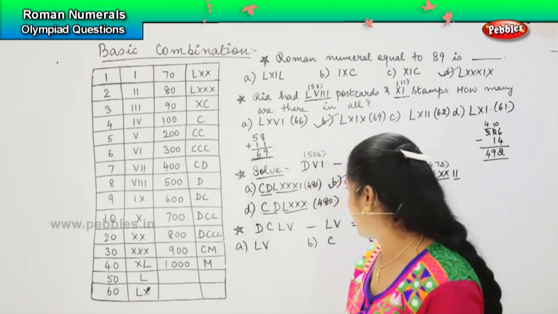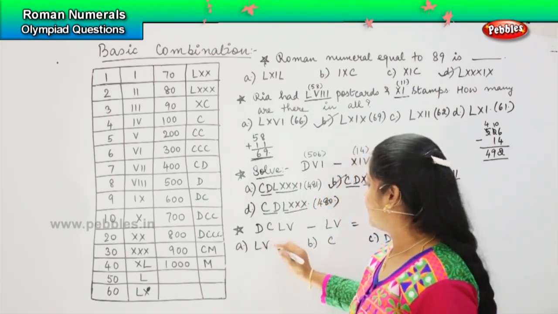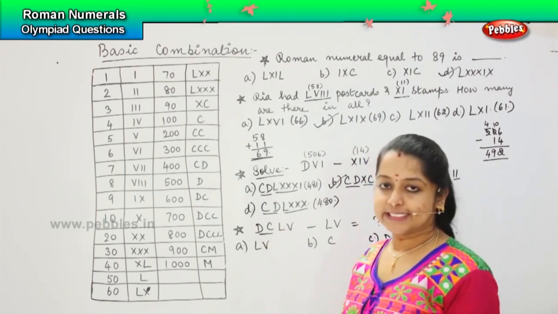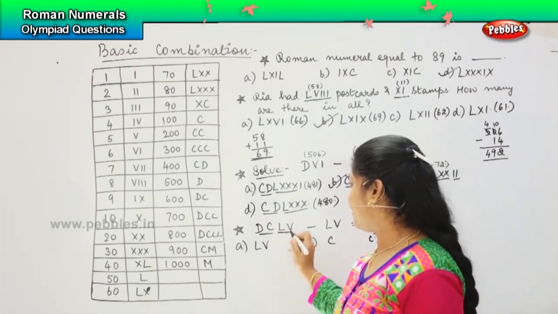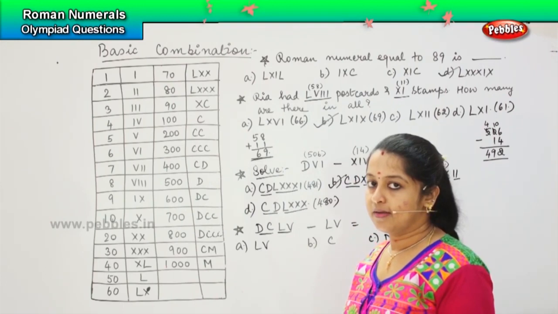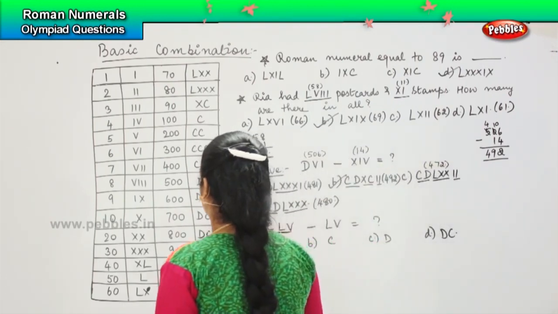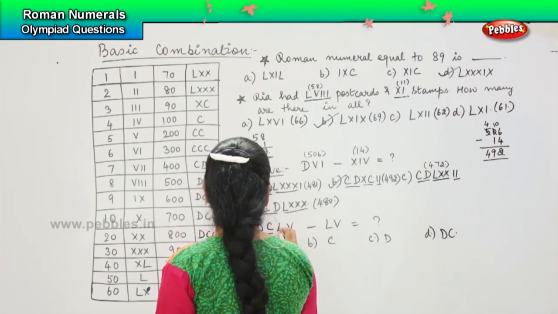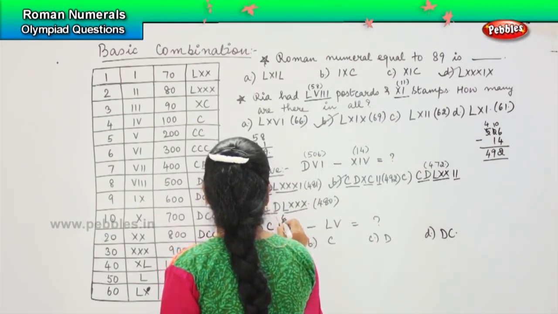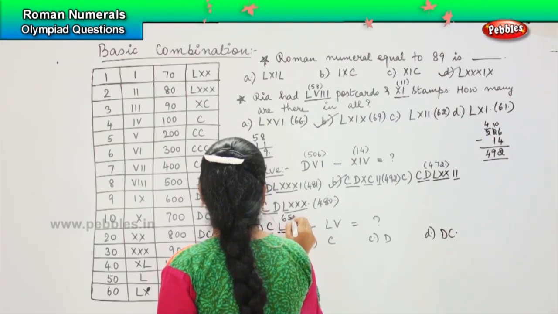Okay. So now DC. DC is how much? 600. And LV is how much? 55, right? So this is 655.